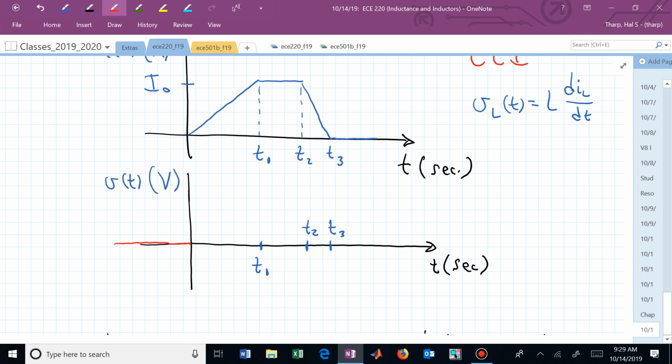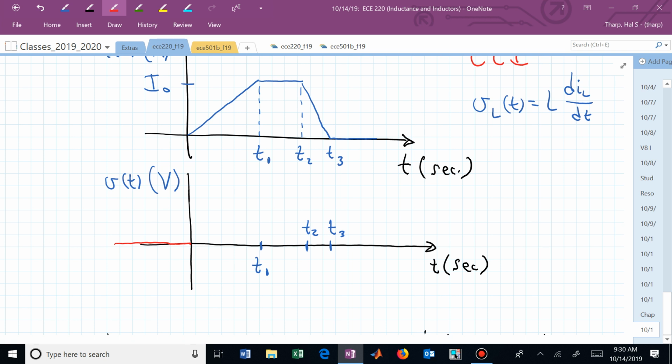Then what happens? Then we have a constant rate of change of the current, we have a di dt, a constant slope of rise over run, I sub 0 divided by t1. That's the slope, that's di dt, and we need to scale it by L.